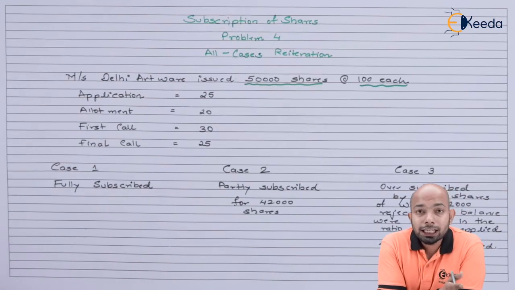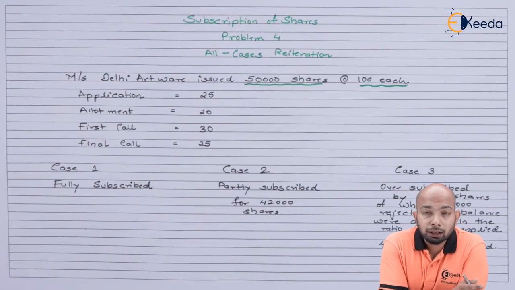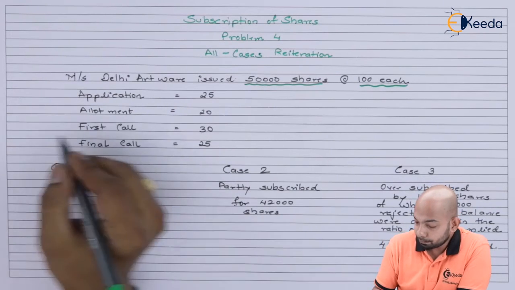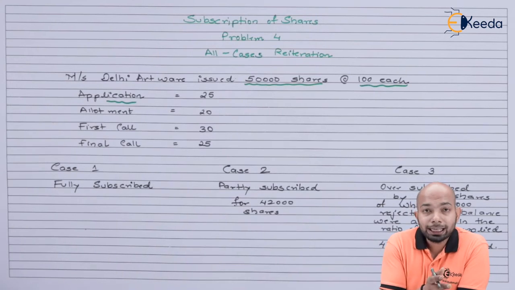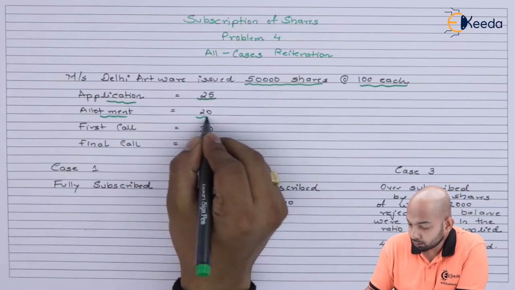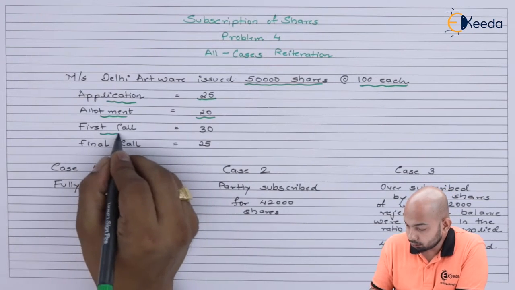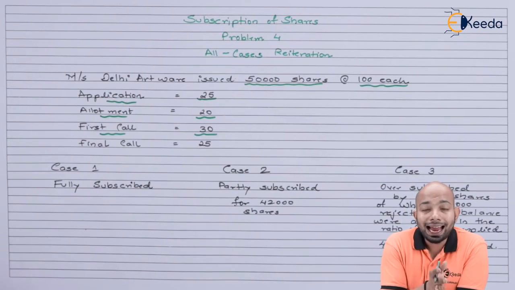Now this 100 has been divided in the following manner: application, allotment, first and final call. For application, it is 25 rupees. For allotment, it is 20 rupees. For first call, it is 30. And for the final call, it is 25.